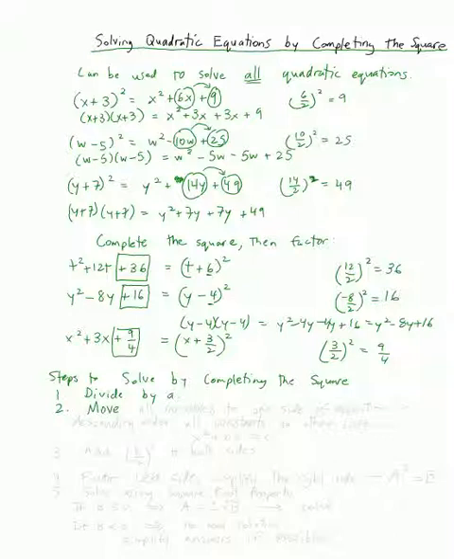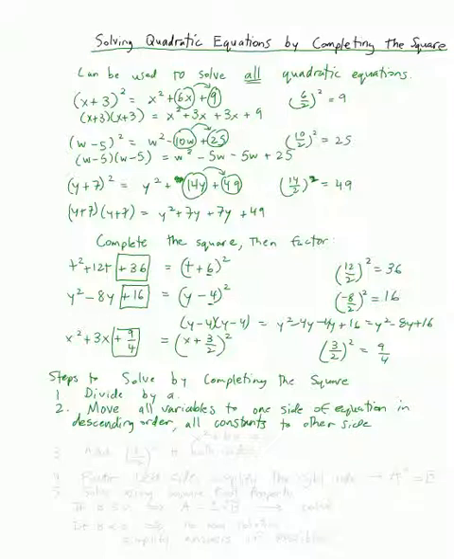Step 2 is going to be to move all variables to one side of the equation in descending order. All constants to the other side.